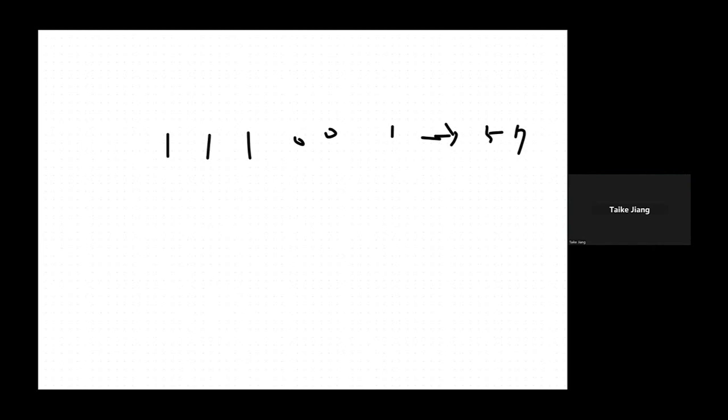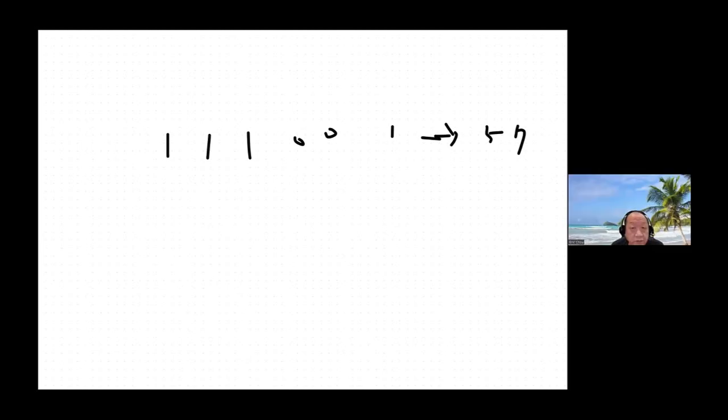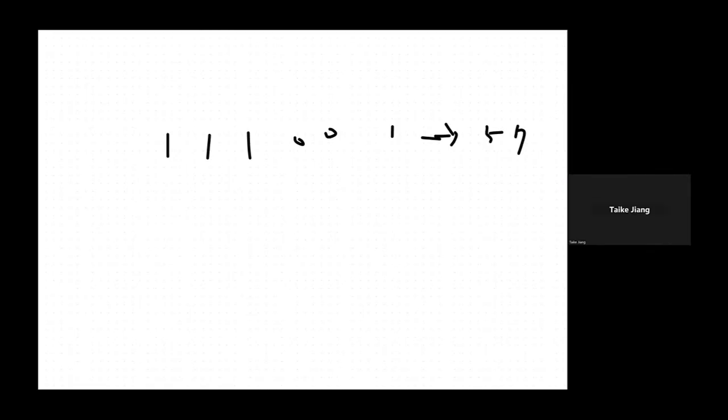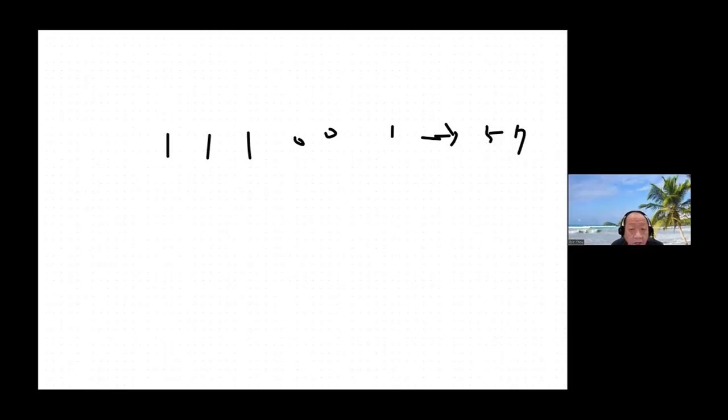If I give you this problem, how are you going to solve it? Since there's like 5, I just change it into 100000 plus 10000 plus 10000 plus 1. No, that doesn't work. I need you to convert it to a decimal value.